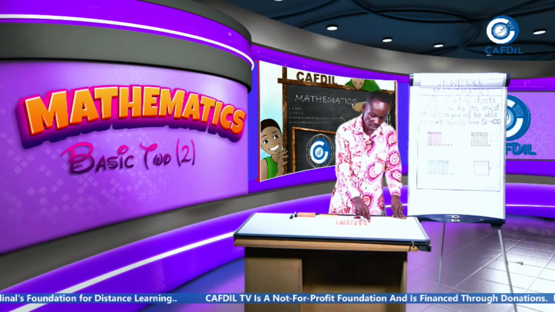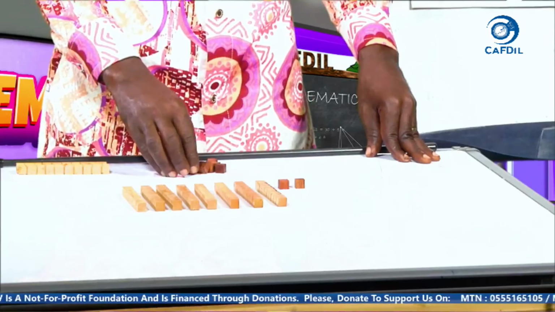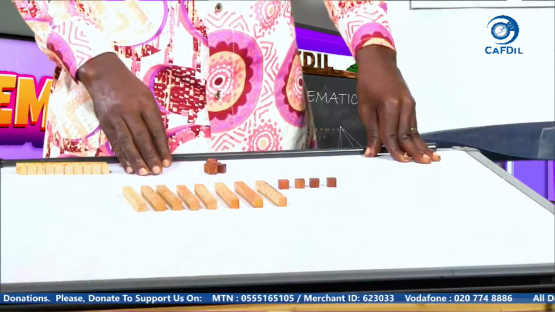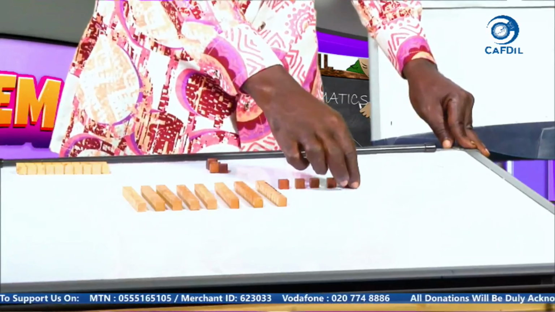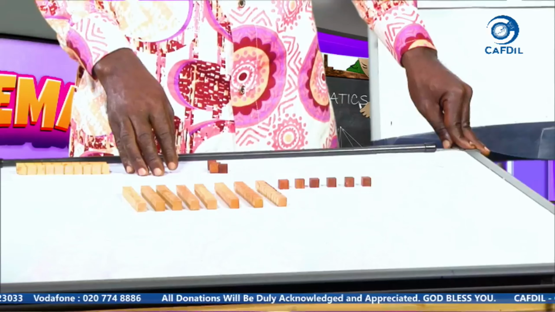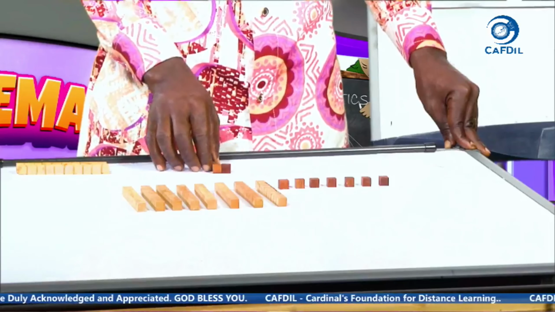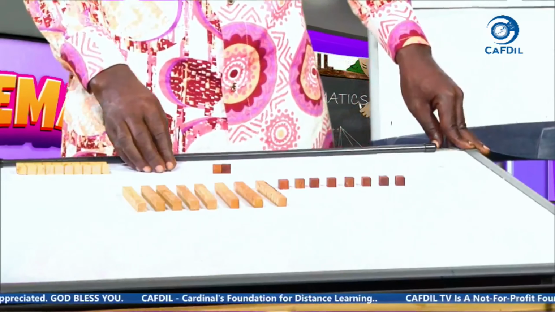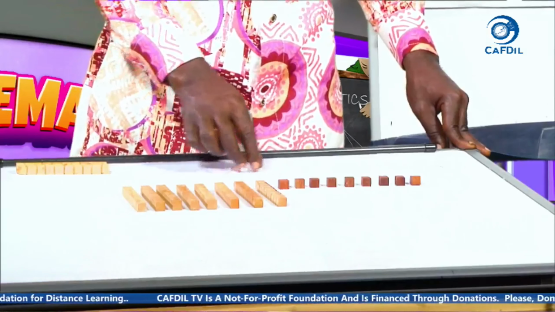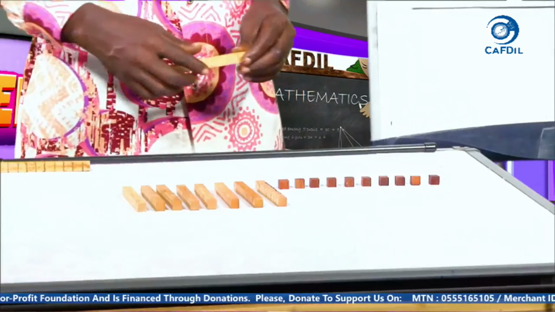81, 82, 83, 84, 85, 86, 87, 88, 89, 90. So I have 90.